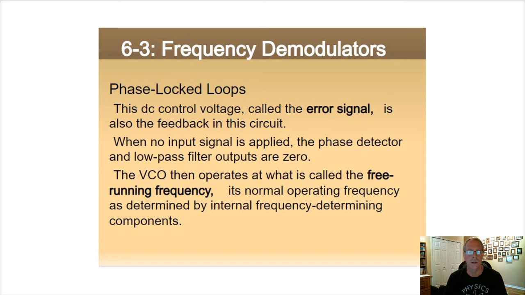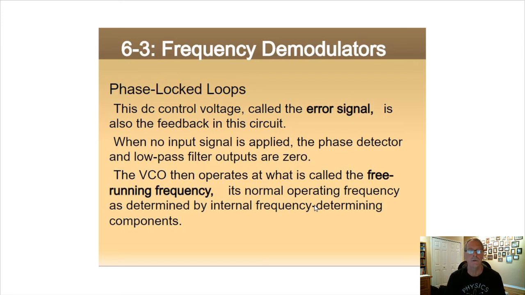And this keeps talking about what I was just wording out, so you can read that. Now, this is kind of important down here. When there's no input, the VCO operates at a free running frequency.